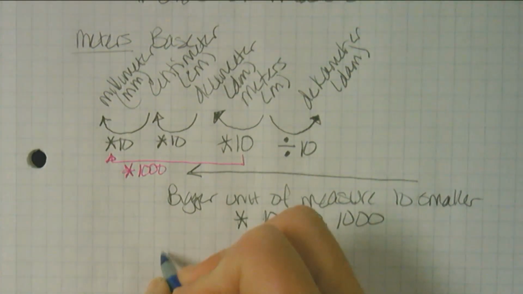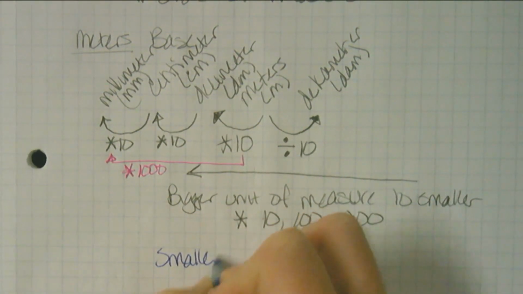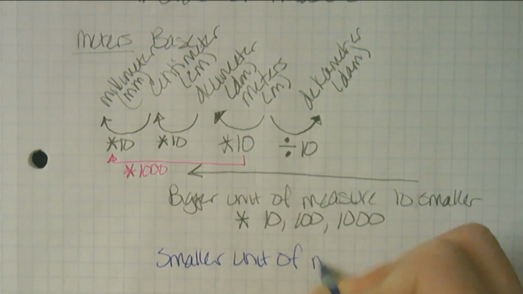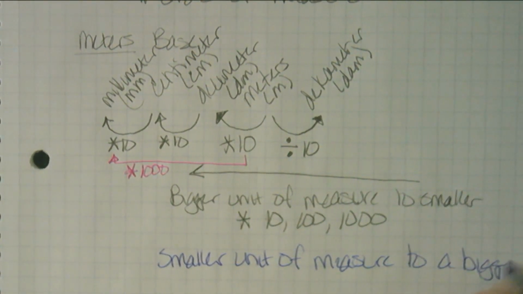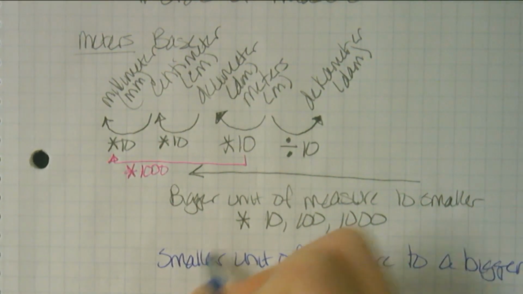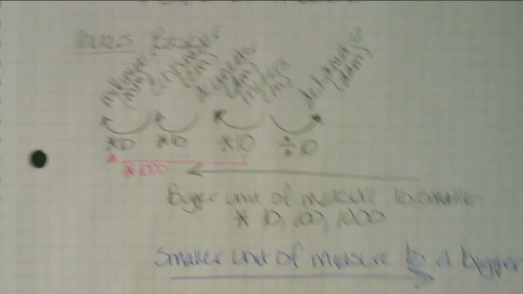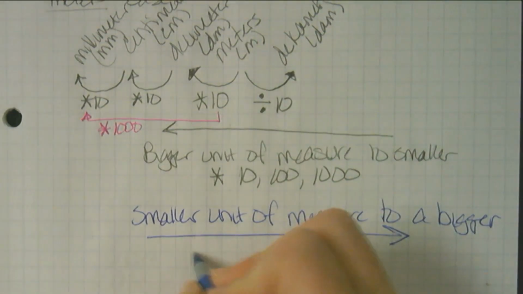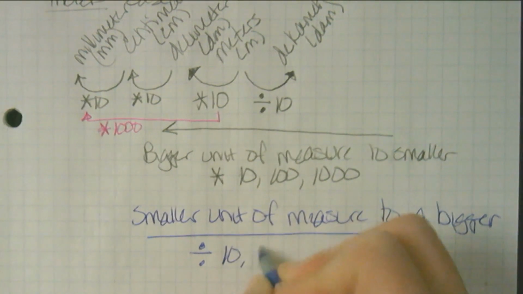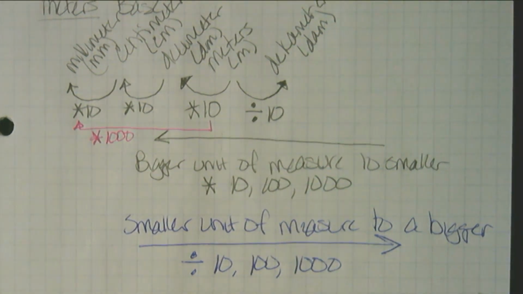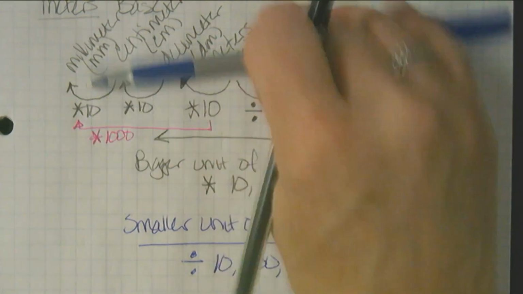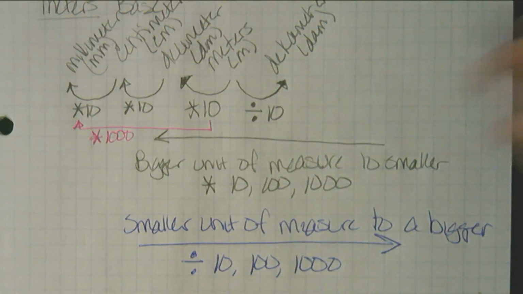So when I go from a smaller unit of measure to a bigger, which is going in that direction, we are going to divide by 10, 100, or 1,000. What is one bigger than a decameter? Jack?